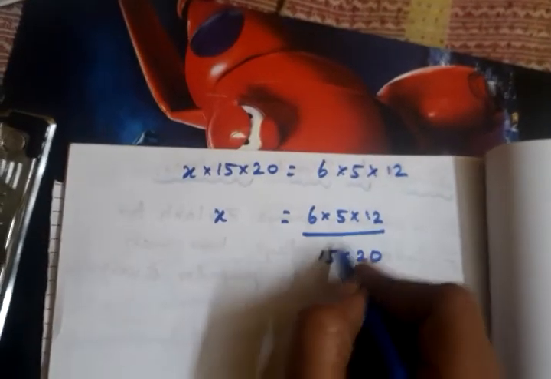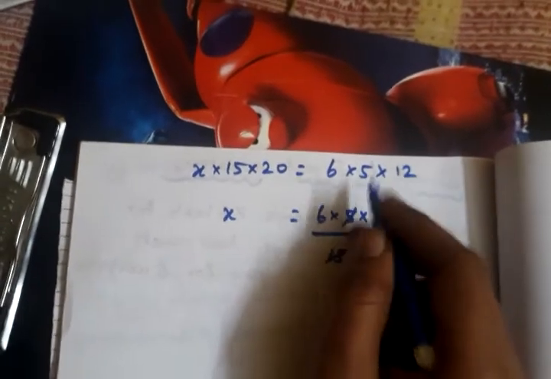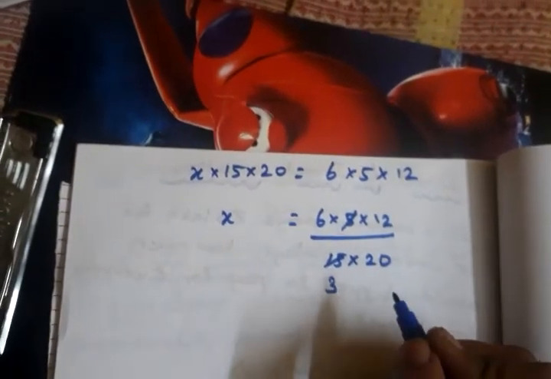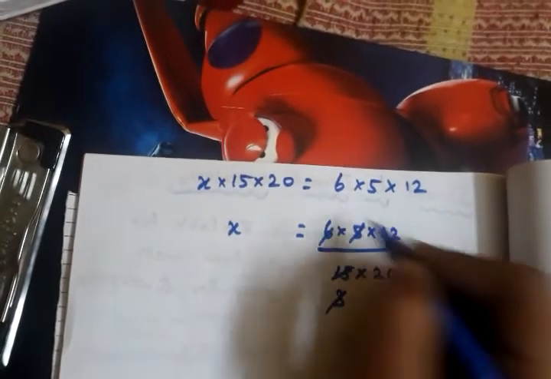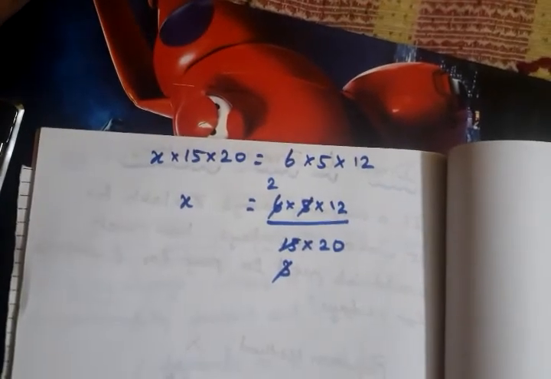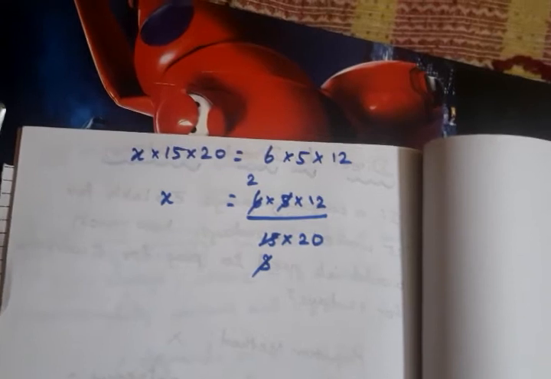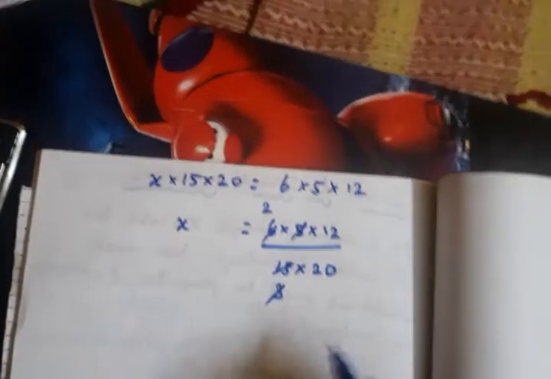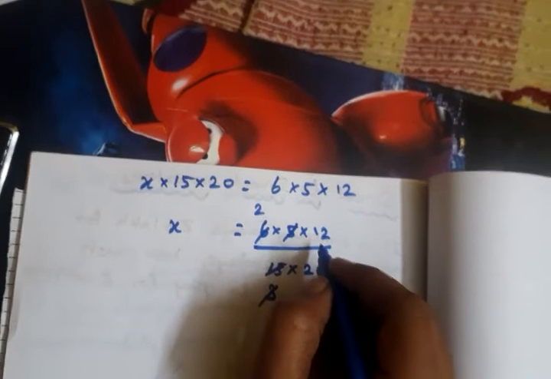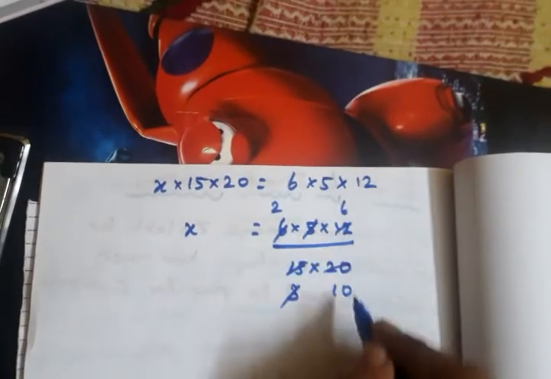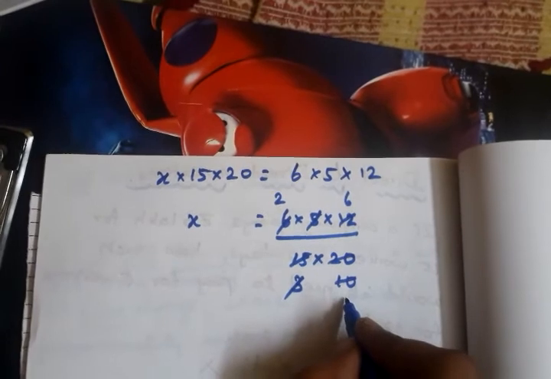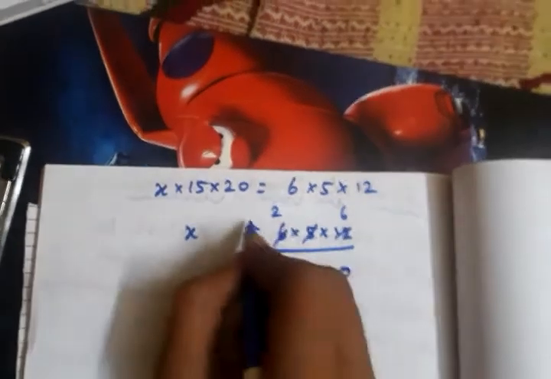Okay, so then we cancel. 5 3s are 15. Then next, 3 2s are 6. Next, 3 2s are 6. 5 2s are 10.